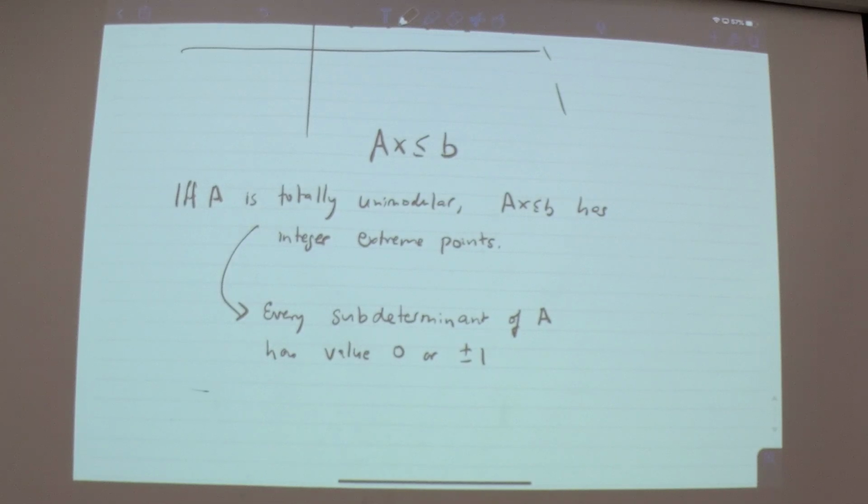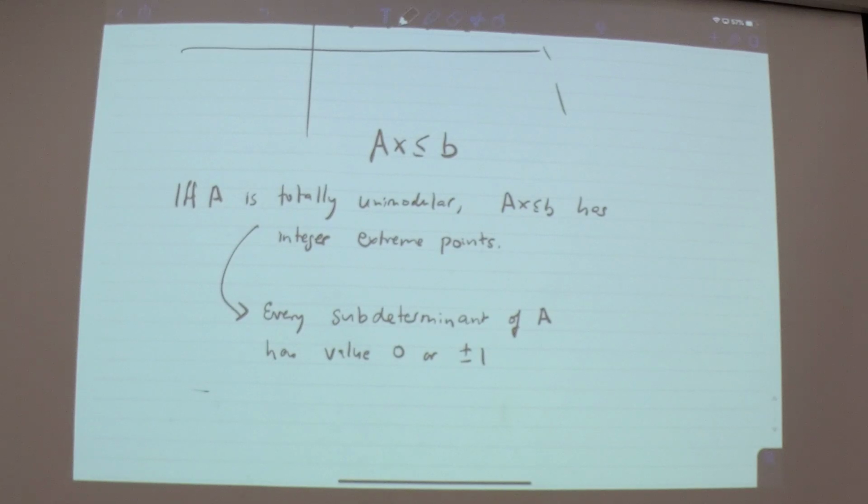It should either be 0 or +1 or -1. That's a definition of totally unimodular. And the claim is that if your matrix A has this property, then all the extreme points are going to be integer points. And then you can say, if you look at the constraint matrix you get from a flow problem, it is totally unimodular. And that's why you can get an integer solution to this.